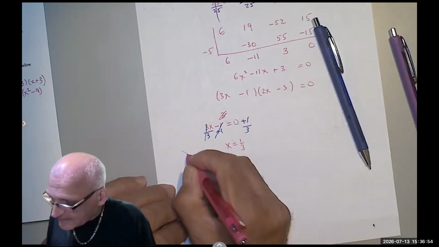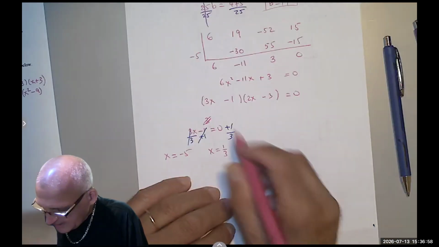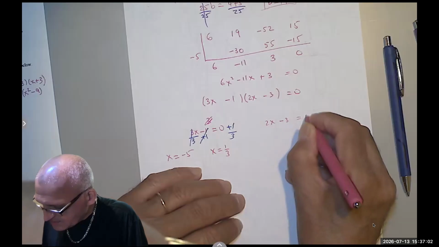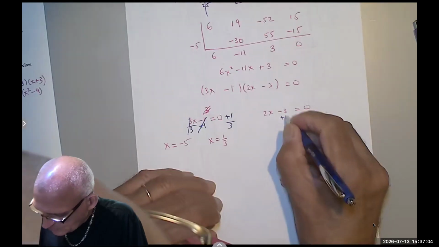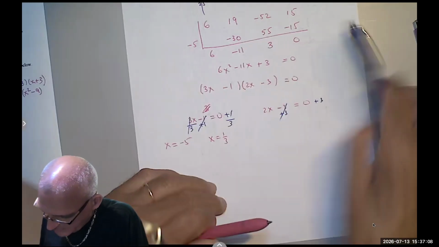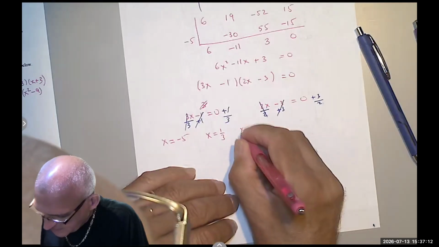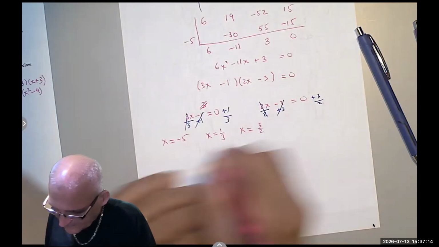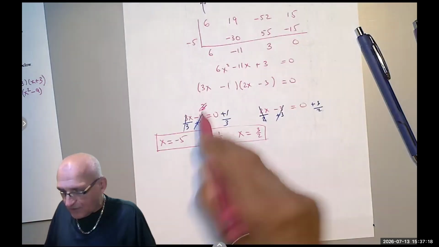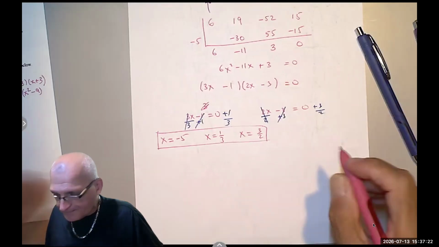I already know that x equals negative 5. It's given to me as one of the roots. And the final one, if 2x minus 3 equals 0, I'm going to add 3 to both sides and then divide by 2 both sides, and I get x equals 3 halves. I can also use the quadratic formula and we'll get 1/3 and 3 halves also.